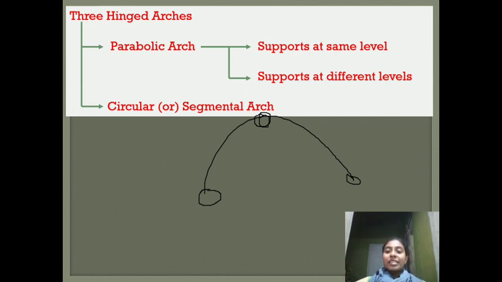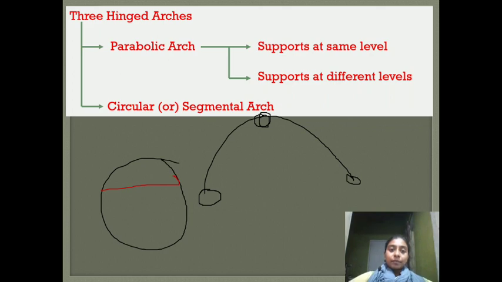So if this is the circle, your arch will be like this. So you call it a circular arch or segmental arch.